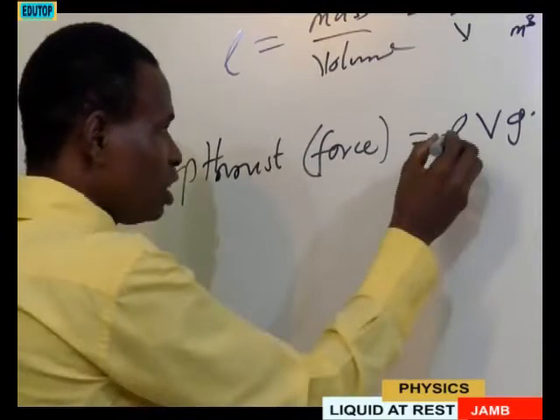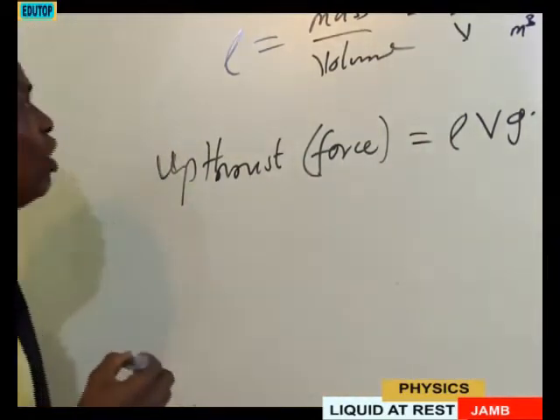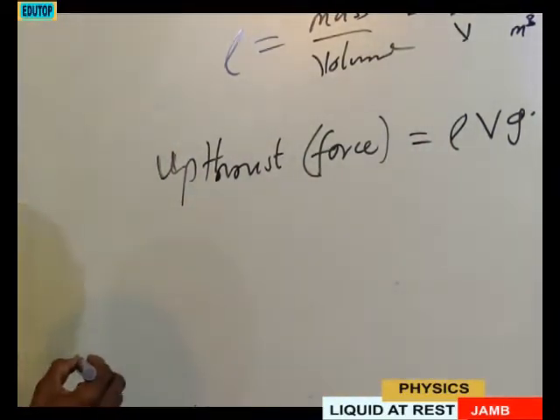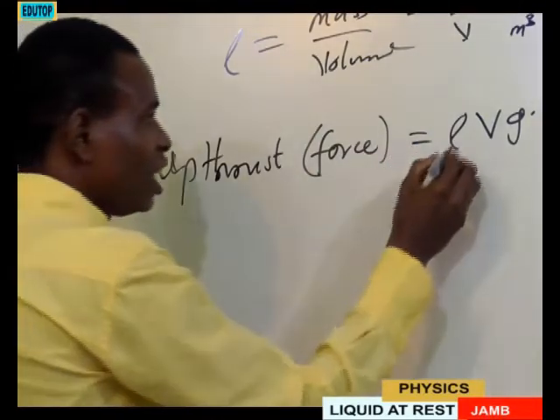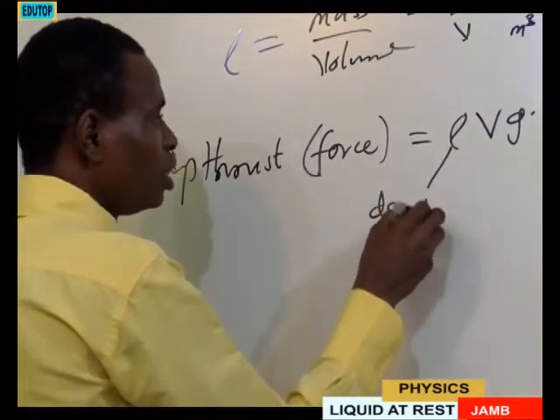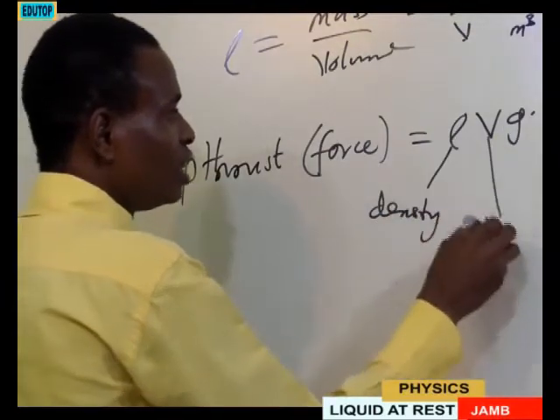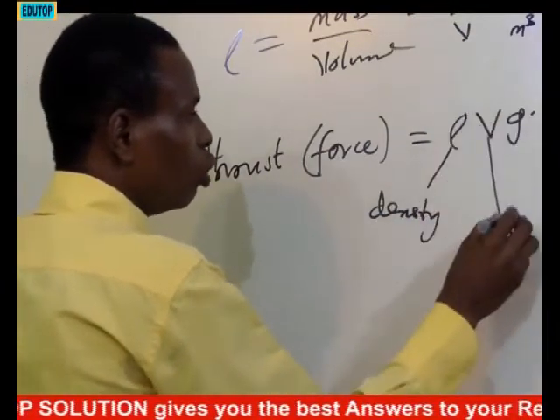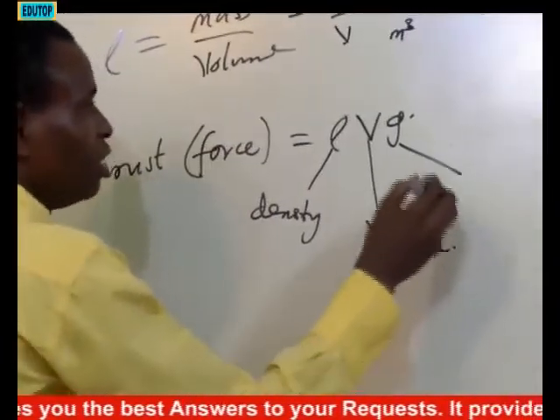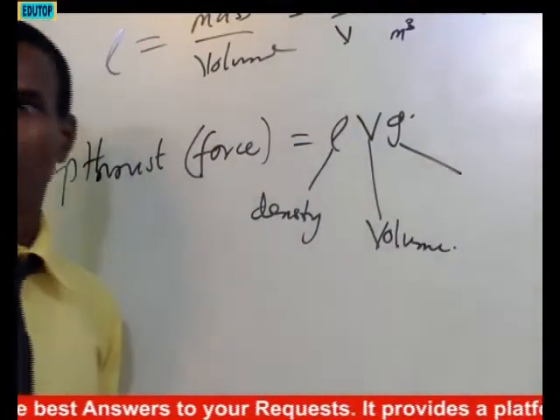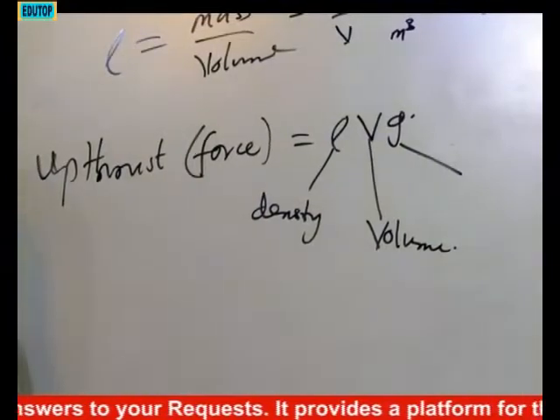The rho is our density. This is the density of the liquid. This is the volume of the liquid, and our g is the acceleration due to gravity.